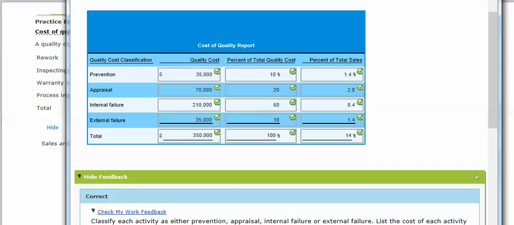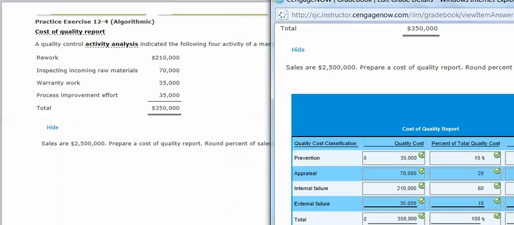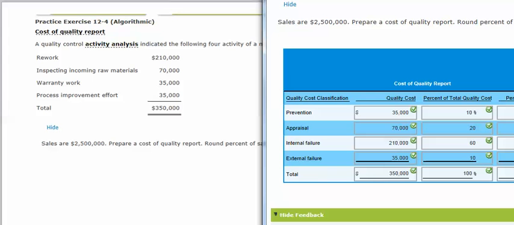First, we have prevention costs. The prevention costs are those costs which we would consider to be an improvement, and in this case it's $35,000, which is a process improvement effort, and we are going to try to make sure that the products are of good quality and are functioning properly.